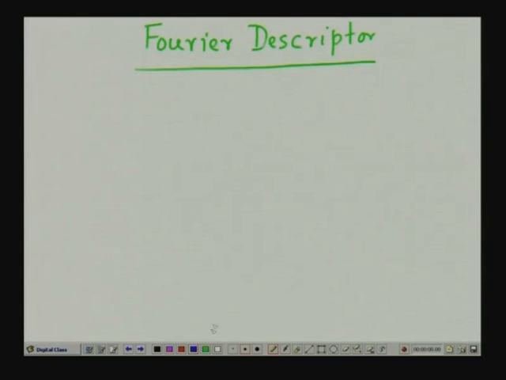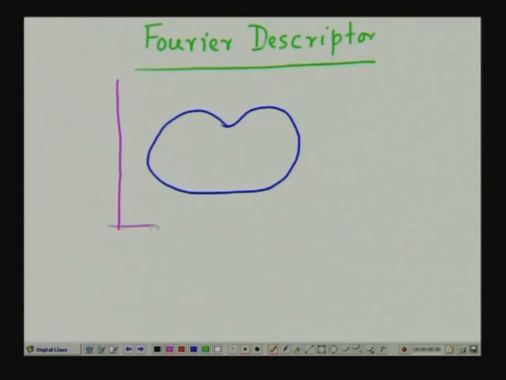Suppose you have an object boundary, say something like this. Now, obviously, I will have an image axis. The image axes are given by x and y, and this boundary is nothing but a set of discrete points in this two dimensional x y space.